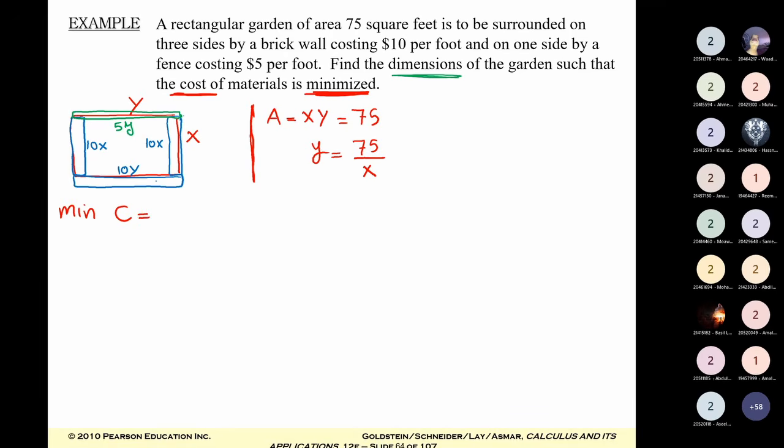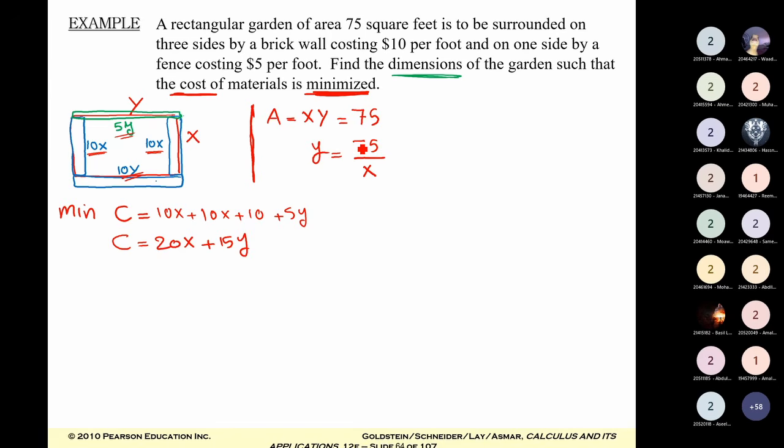The cost equals 10x plus also the second wall 10x, the third wall 10y, the fourth wall 5y. So we have the cost equals 20x plus 15y. This is the cost.